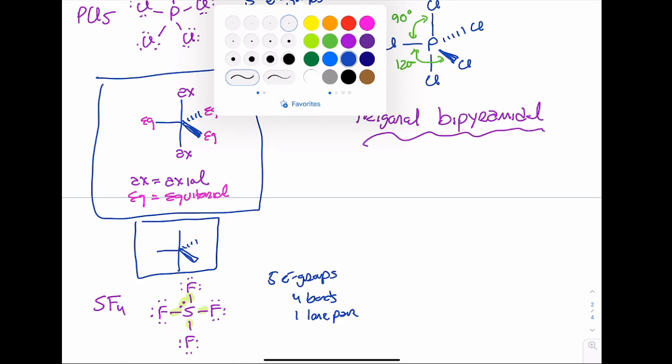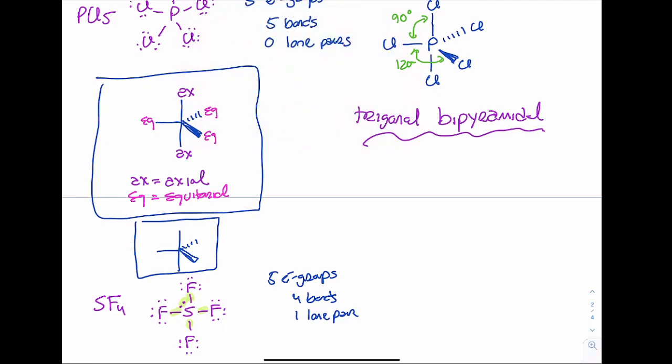Between my axial and my equatorial, it's 90 degrees. And then between my equatorial and other equatorial positions, it's 120 degrees. Remember that lone pairs take up more space than my bonding electrons do, so I want to put them in the position that gives them the most space. So for this one, I want to put them in my equatorial positions.